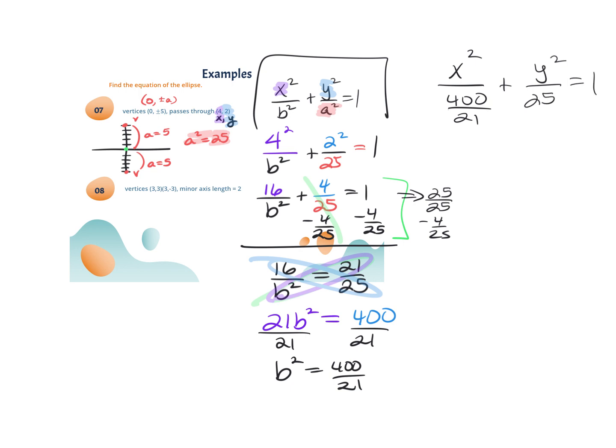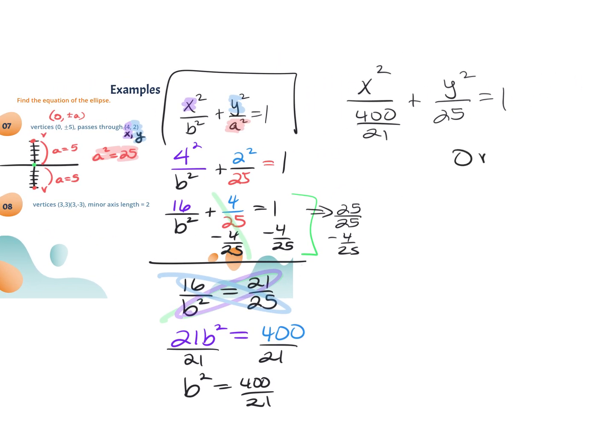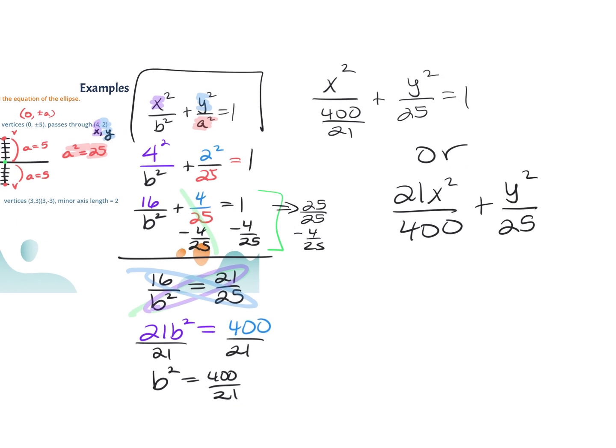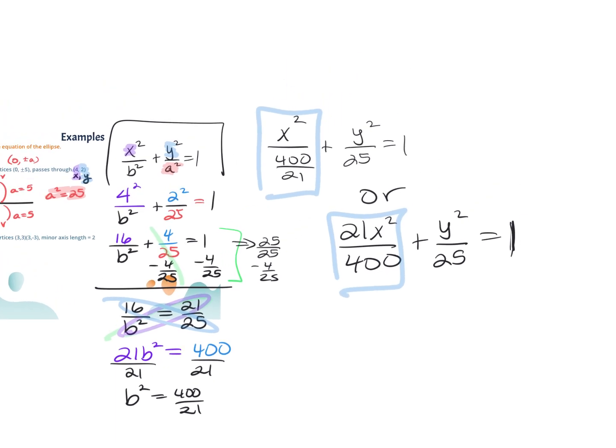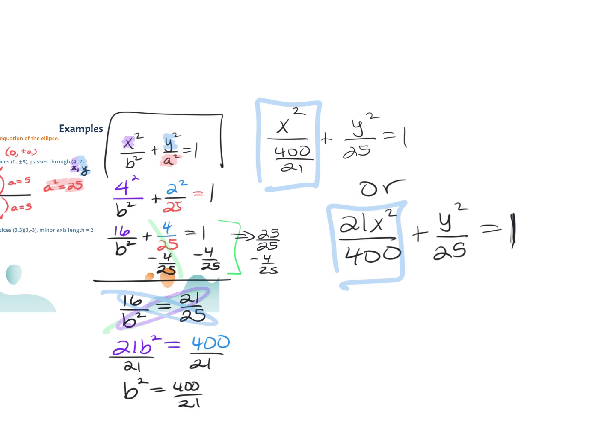Now, be able to recognize the answer this way, or another form of this would be 21x squared over 400 plus y squared over 25 equals 1. Now, let me show you how I changed this so it looks like this. What this is really saying is x squared divided by 400 over 21.